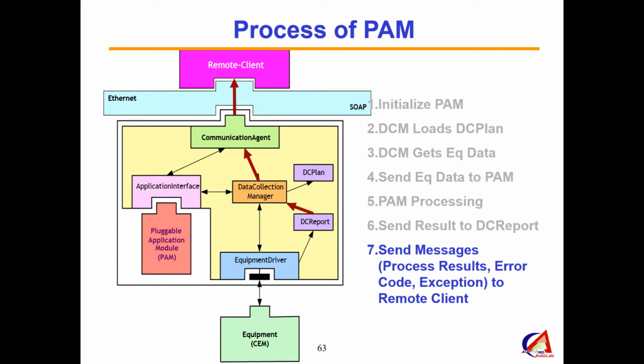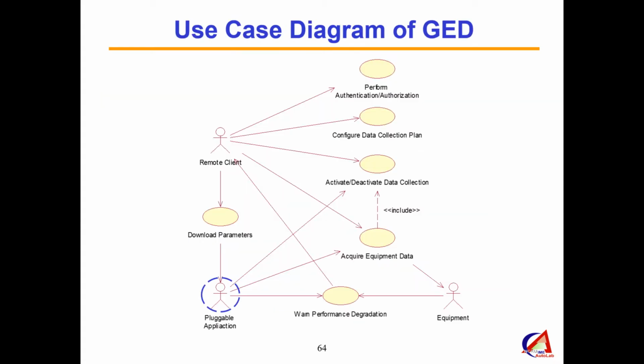Okay, so that's it. And of course, I have already taught you how to design a distributed object-oriented system. But this one is simple. You see how to define. Or if you know all the requirements of the GED, then you will draw the use case diagram.